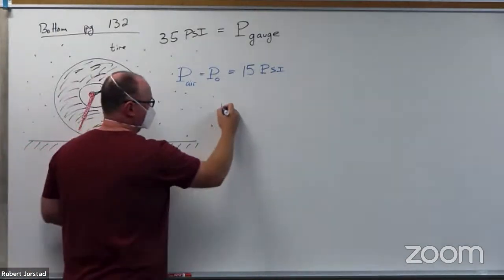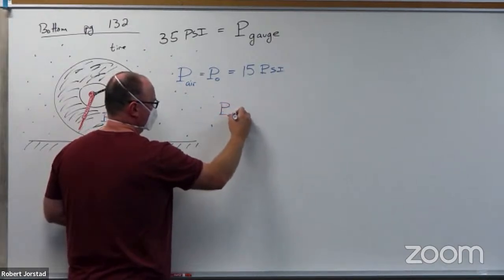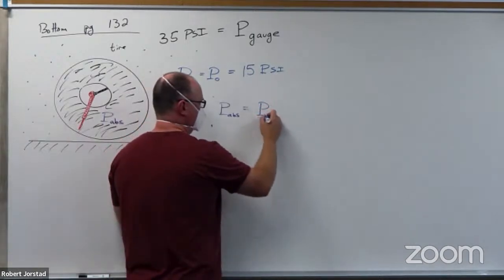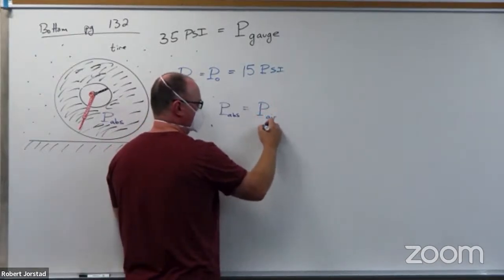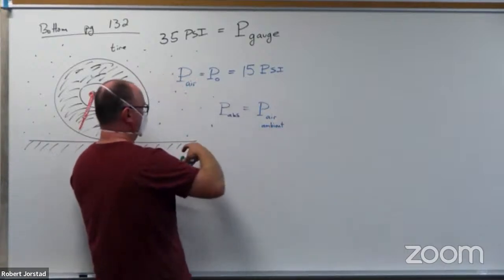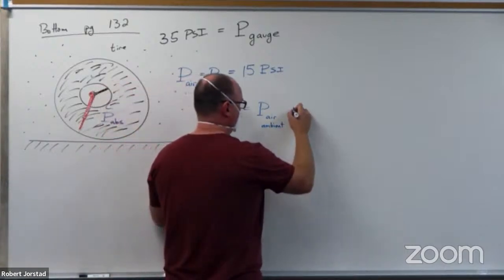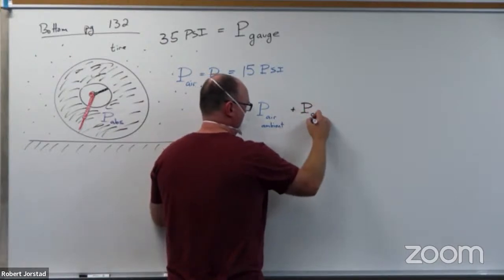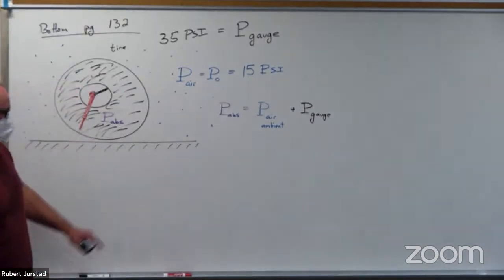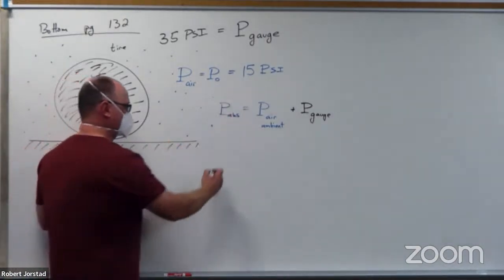And P absolute is equal to the pressure of the air, or the ambient pressure, plus the gauge. I actually like to think about it like the gauge reads the pressure difference.